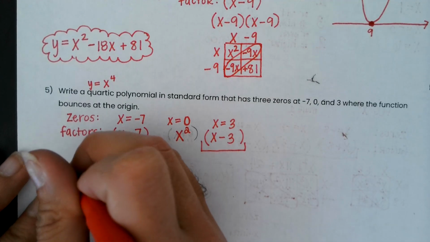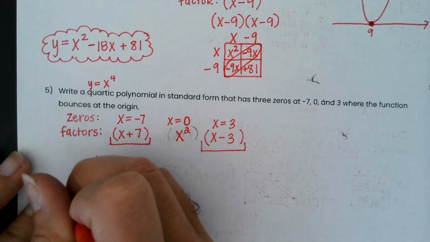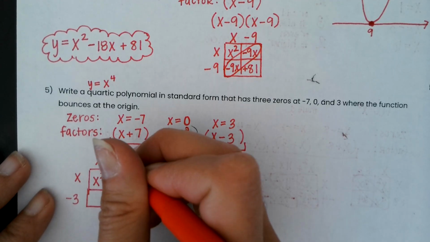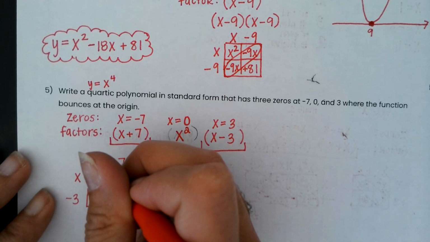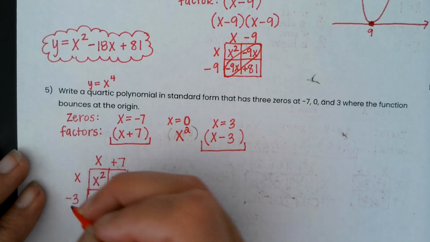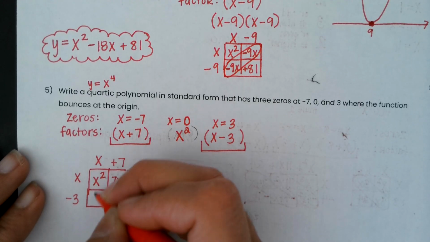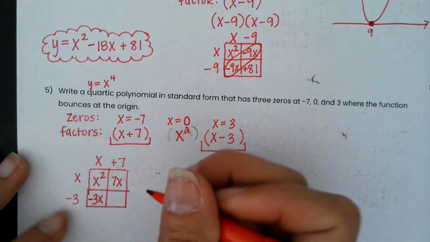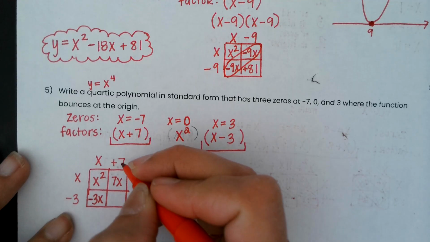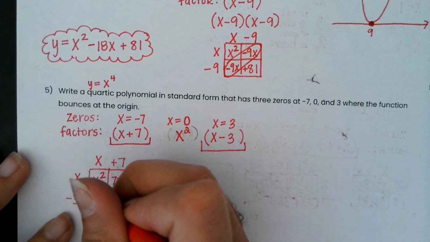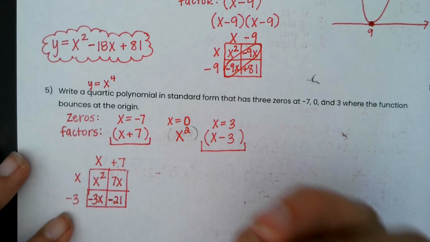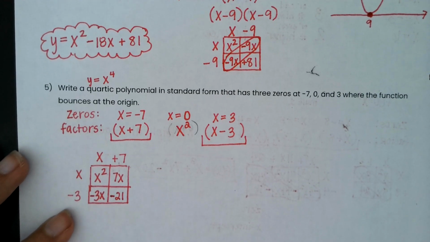x minus 3. So we're going to get x squared. 7 times x is 7x. Negative 3 times x is negative 3x. And then negative 3 times positive 7 is negative 21. 7 times 3 is 21.